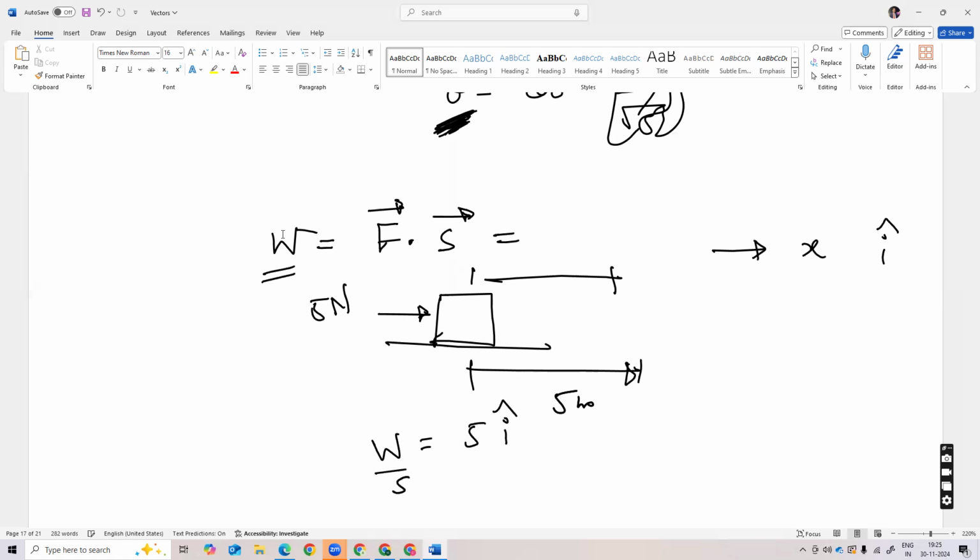Displacement s is given as 5i because it is also in x direction. Then work is basically 25 joules. Here the unit was Newton, here unit was meter. So this is how you can find out the work done.